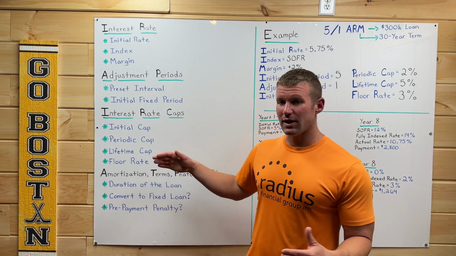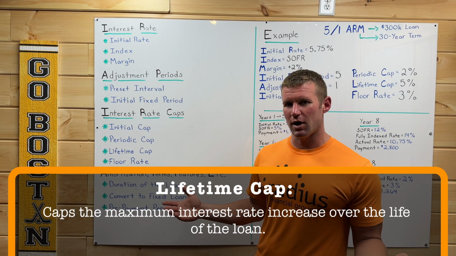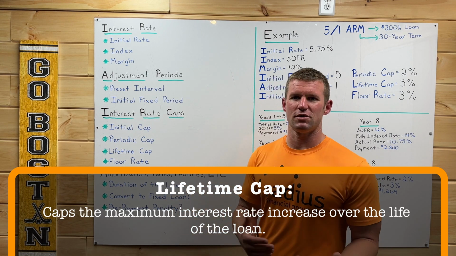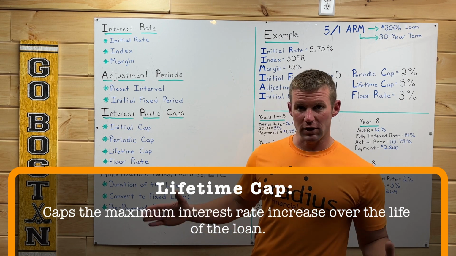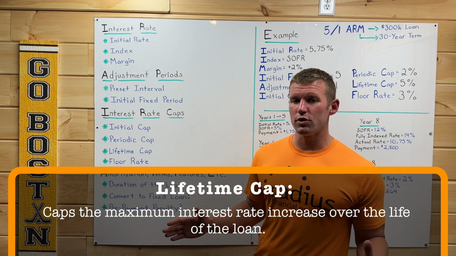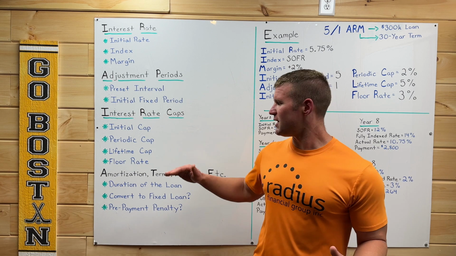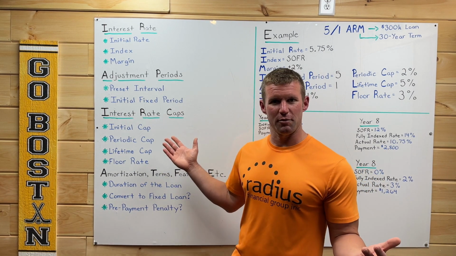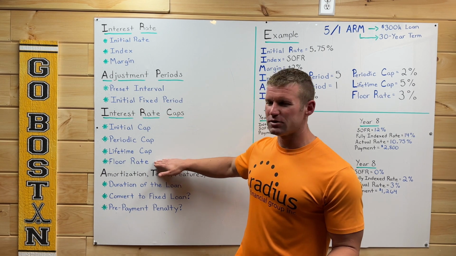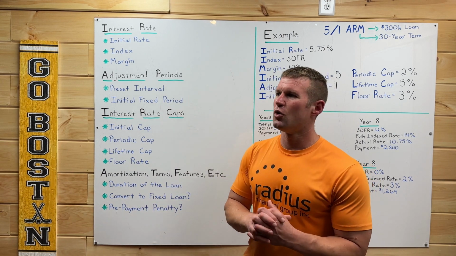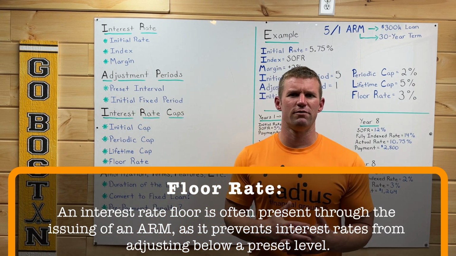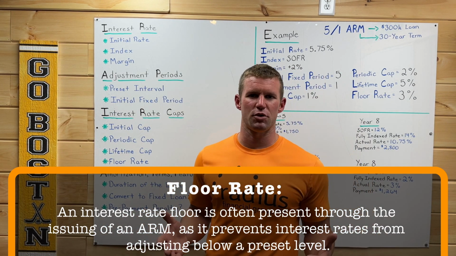And then of course we've got the lifetime cap. I'm sure you're picking up what I'm putting down as far as this. A lifetime cap basically says that over the life of this loan, even though it's an adjustable rate mortgage, it can't go over a certain amount. Now, because lenders all like to make money, right, we also build in a floor rate too. So let's say you get an interest rate right now, even if it's adjustable, and let's say it's at 7%.